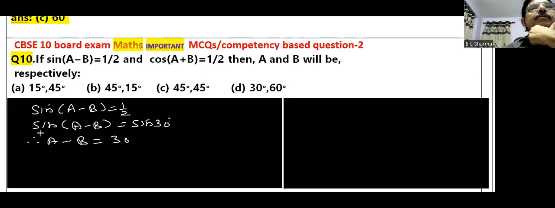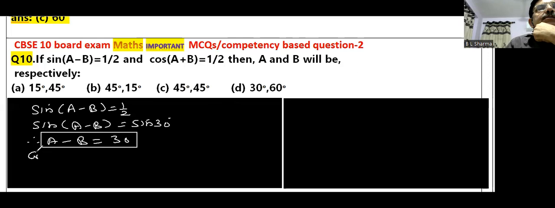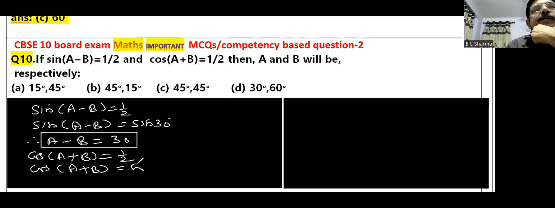This is equation number 1. Similarly, it is also given that cos(A plus B) is 1 by 2, but cos 60 is 1 by 2. Therefore, A plus B is 60. This is our second equation.